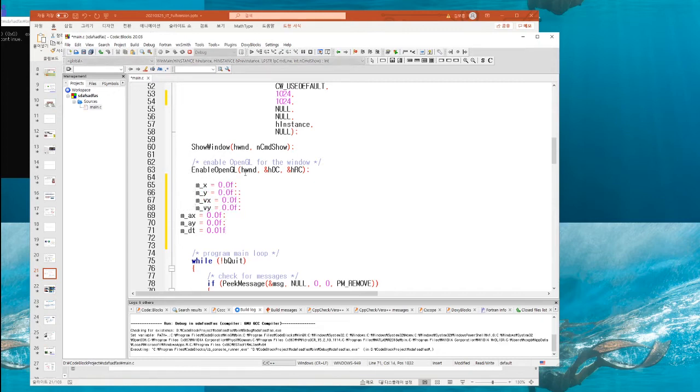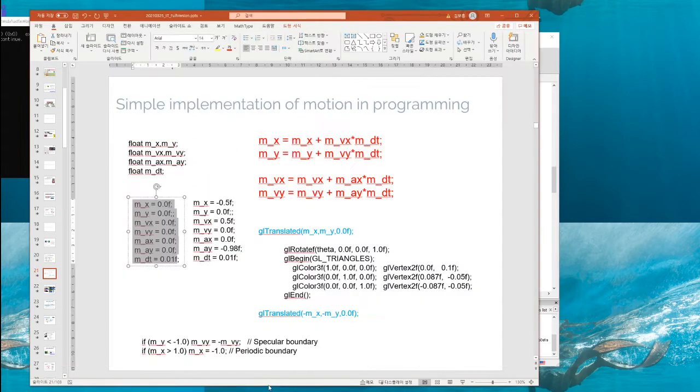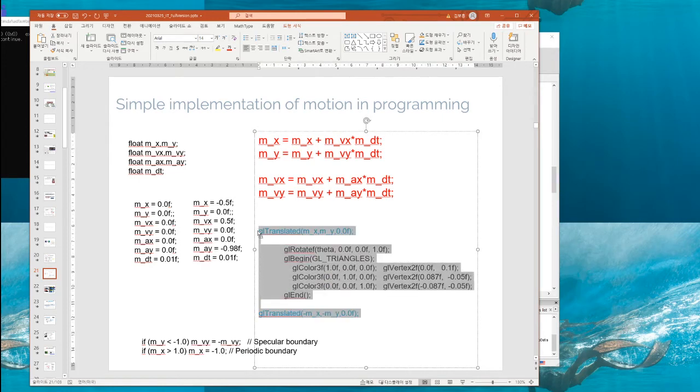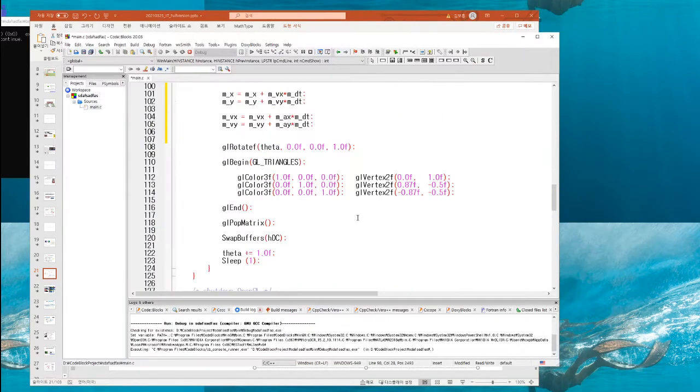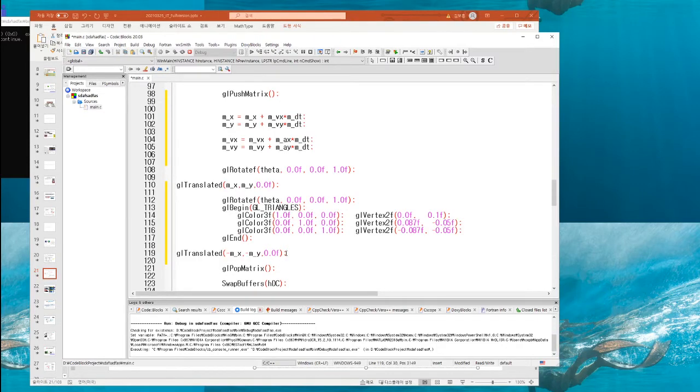Well, I don't need to do this, right? Okay, I can initialize them like this. And then finally, I make them move. So instead of this triangle, I use the translate command to move them with the mx, my that I have in here. Okay, so now I compile this.